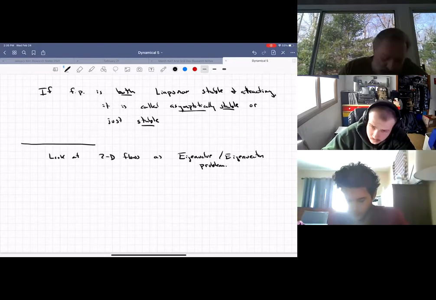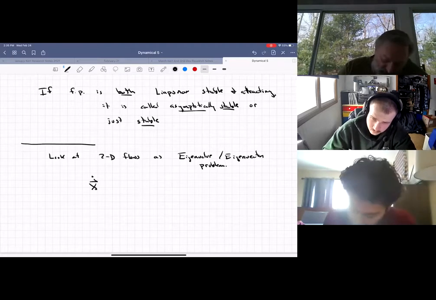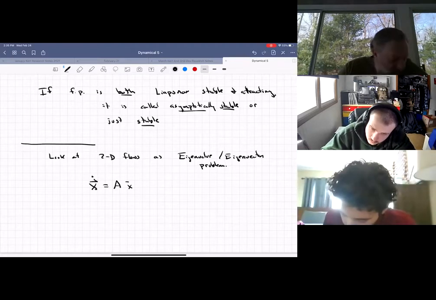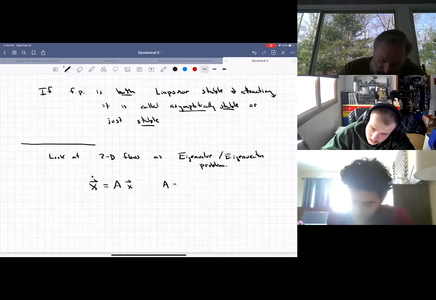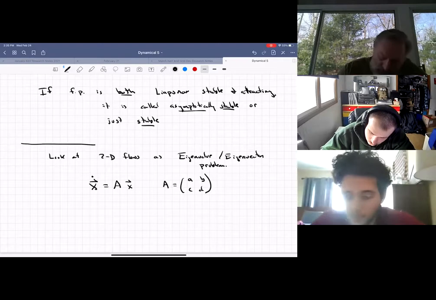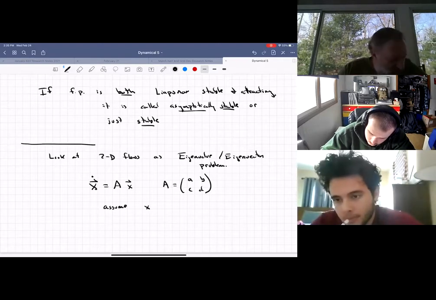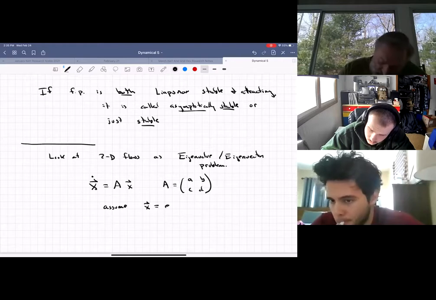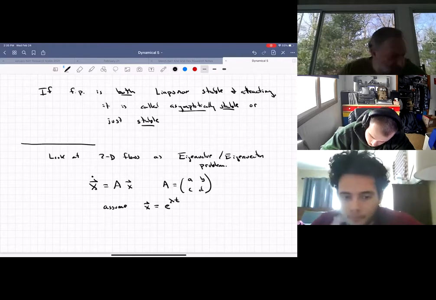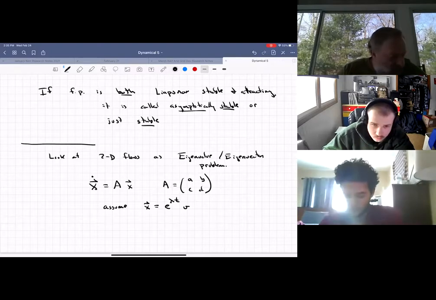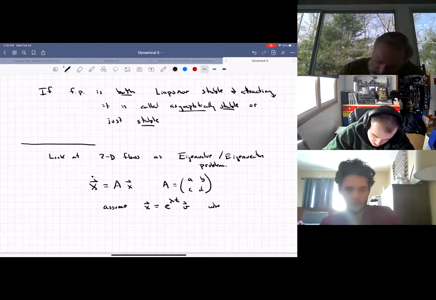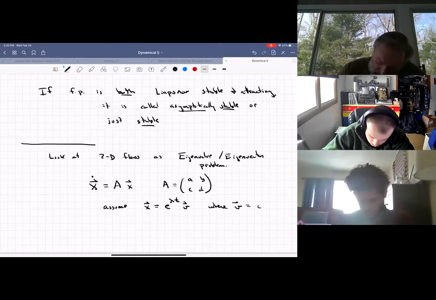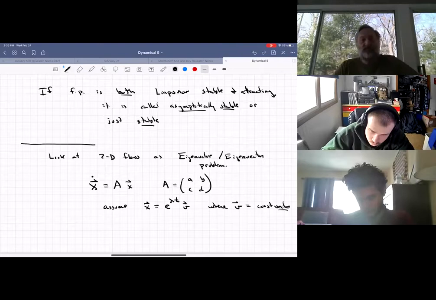All right, so if we have x vector dot equals A times x vector, where A is a matrix (A, B, C, D), and we assume that x vector is e to the lambda t times v, where v is some constant vector.